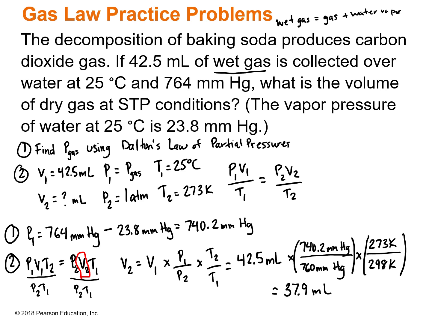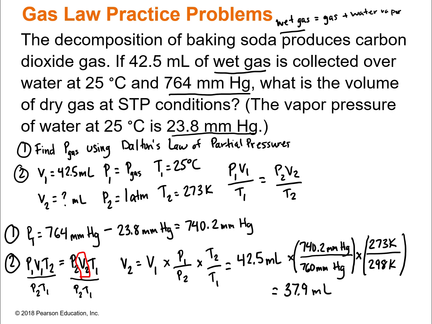So we have to do something to figure out the partial pressure of the carbon dioxide gas. Remember that wet gas is the gas plus the water vapor. If we're told what the total pressure is, that we're collecting all of this gas and this is the total pressure, we can use that chart that I showed you last week that has the temperatures for water and the vapor pressure at each of those temperatures.